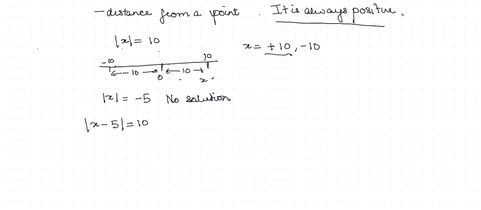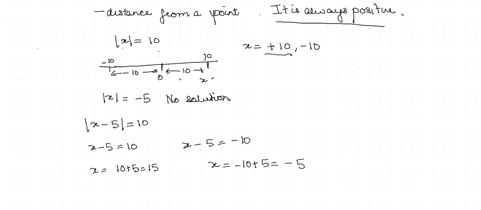So we can write x minus 5 is 10, and x minus 5 can be negative 10. So this will be 10 plus 5, 15, and negative 10 plus 5 is negative 5.